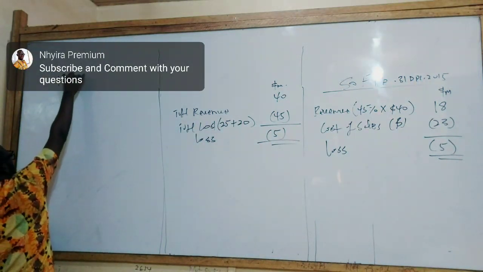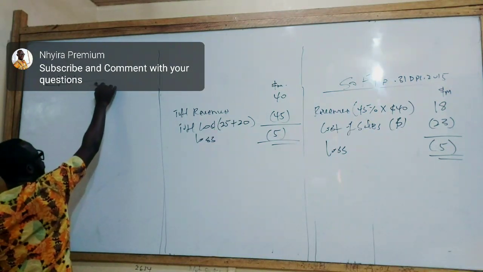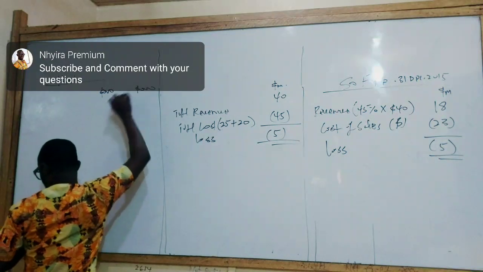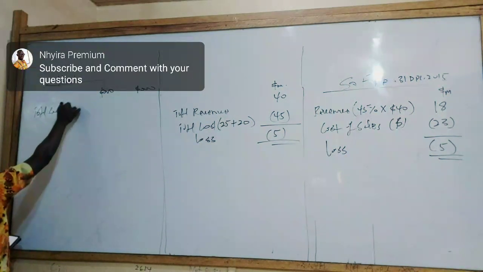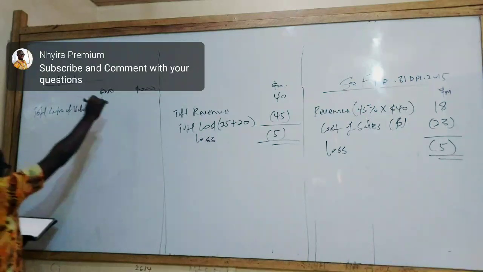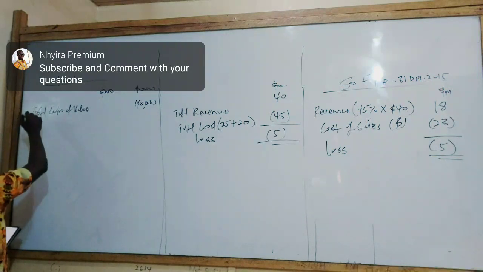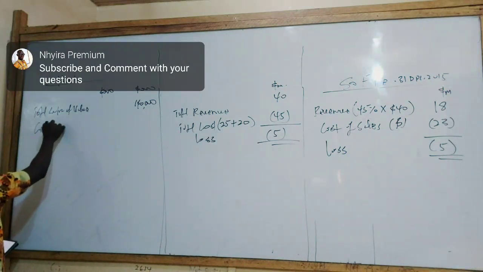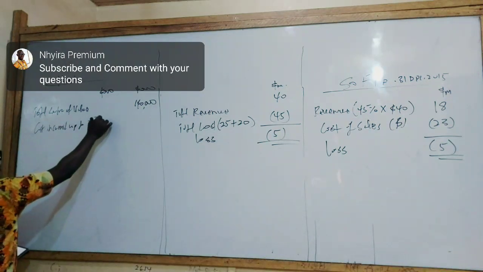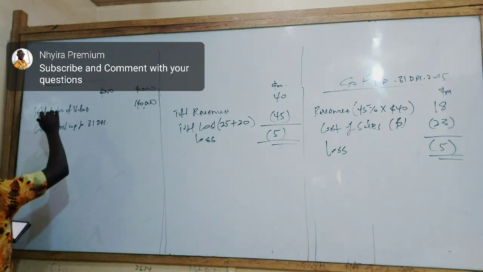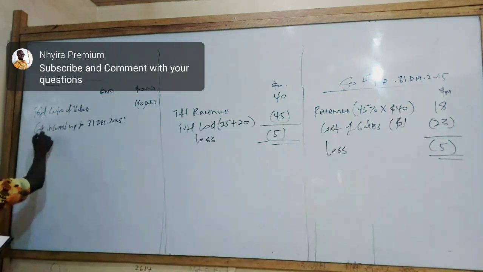So Noah, we're working with 2 cash columns. So total contract value, that is 140,000. Cost incurred up to 31st December 2015. That is divided into 2.